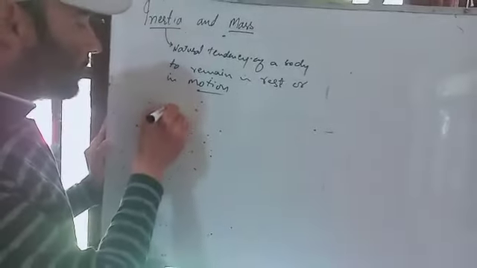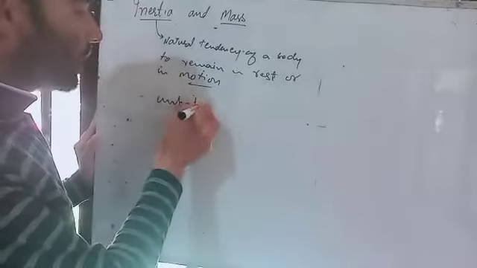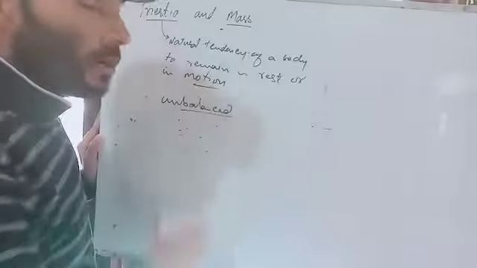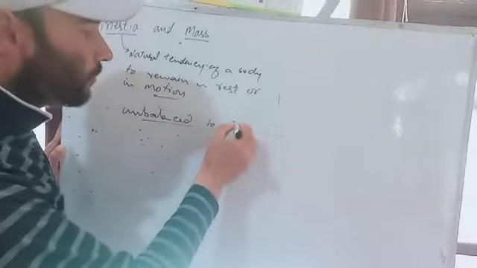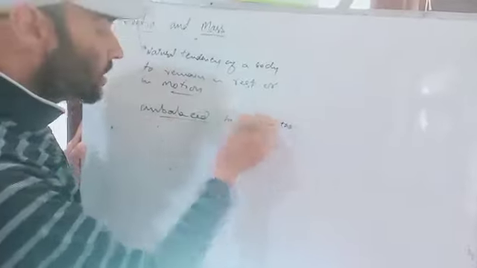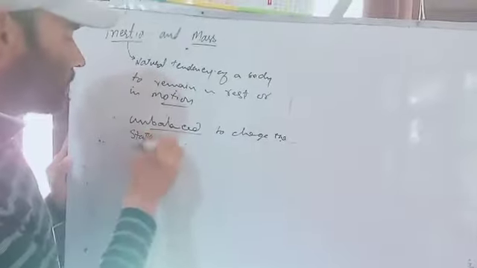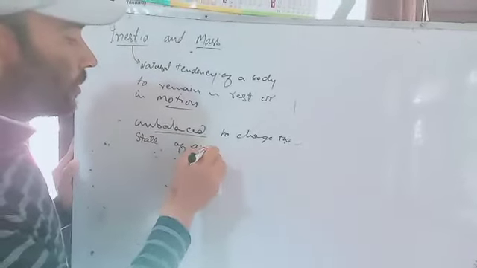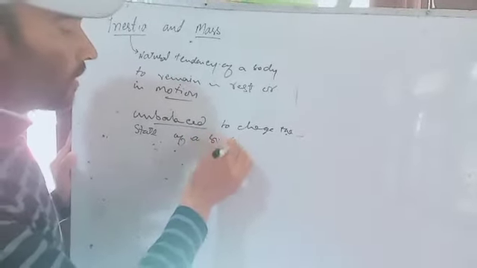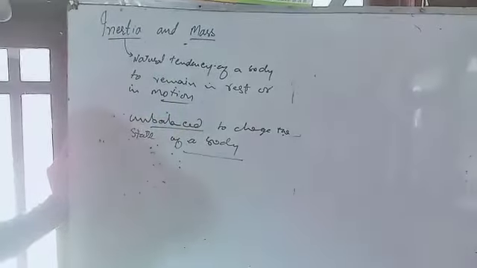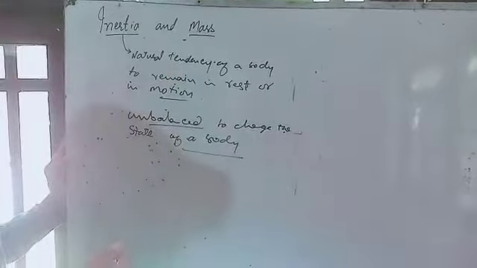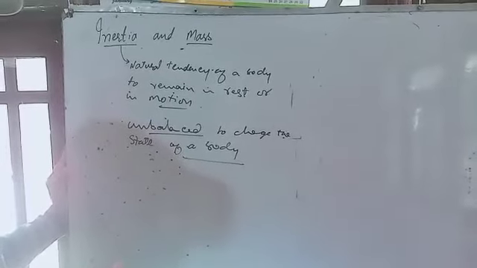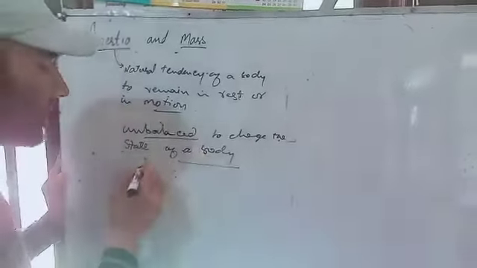When we apply unbalanced force to change the state of a body, that means unbalanced force is necessary to make the change in the state of the object, and the object resists the change.